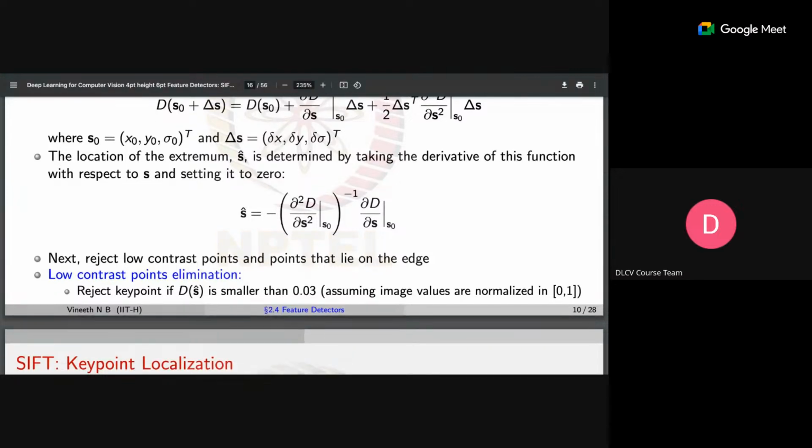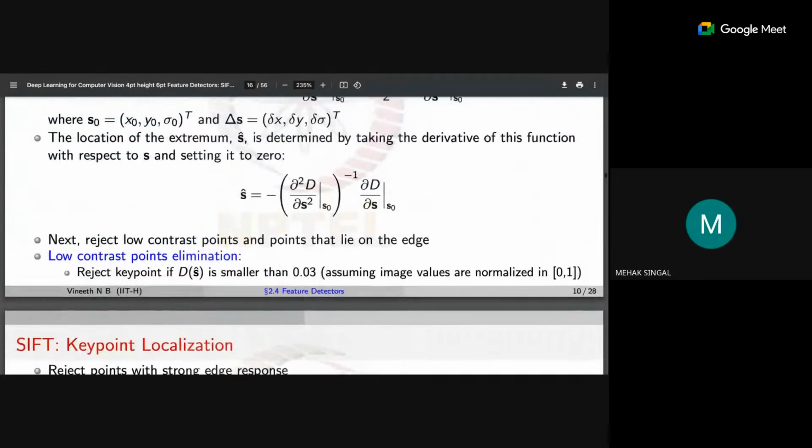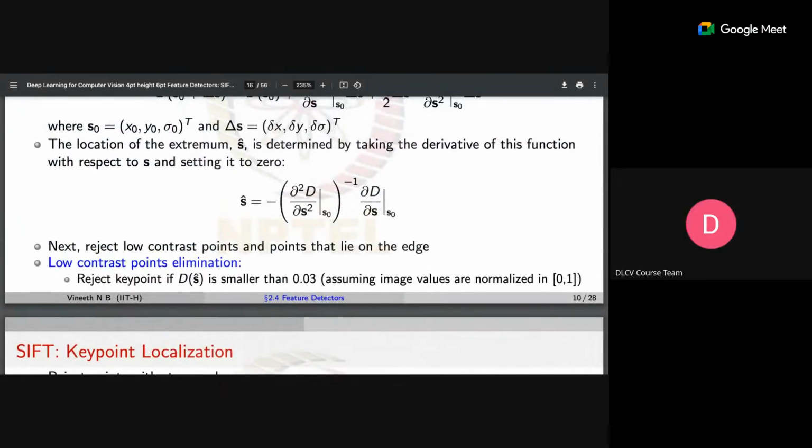That is your localization. I didn't get the last one. Why are we removing those points? Now you have gotten the extrema, right? Yes. Now you can use this extrema to get the function value and reject the values which are lesser than some threshold, which the algorithm calls low contrast points.